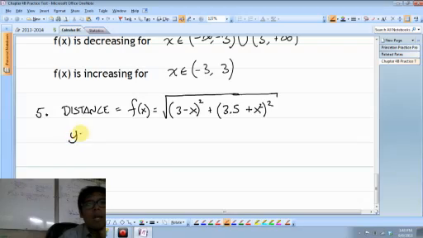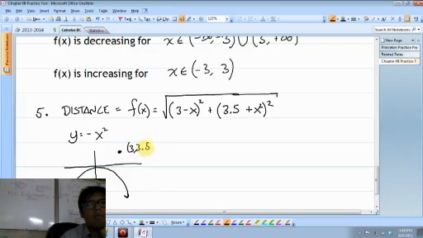So remember that y is equal to negative x squared, giving us a graph that looks like this. So that point down here is x comma y, which is the same thing as x comma negative x squared, since y is equal to negative x squared.